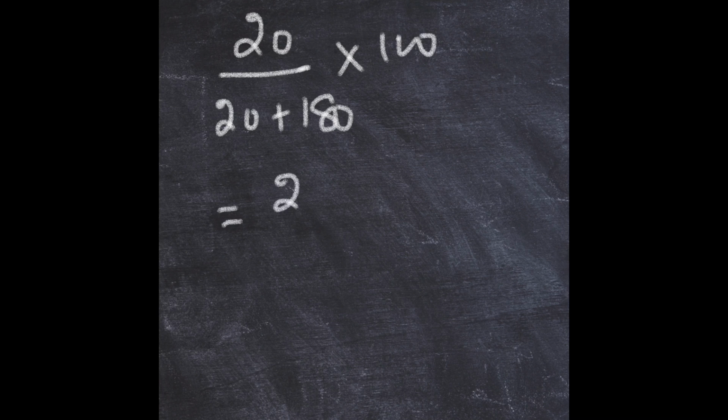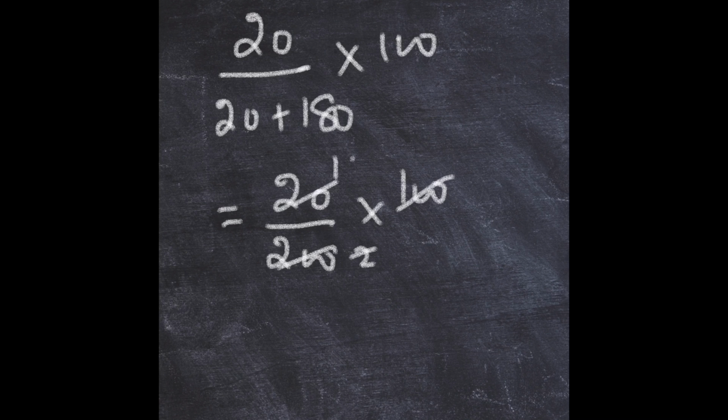This is equal to 20 upon 200 into 100, and this gives you 10%. So mass by mass percentage is 10%.